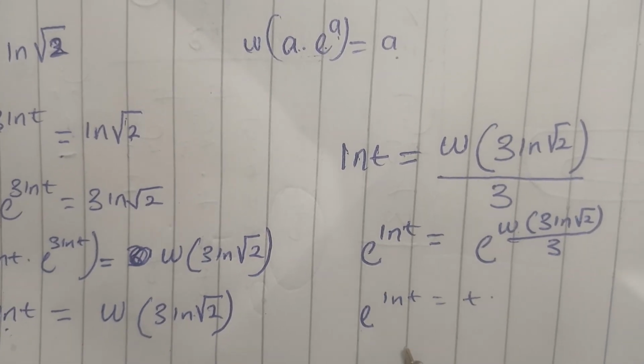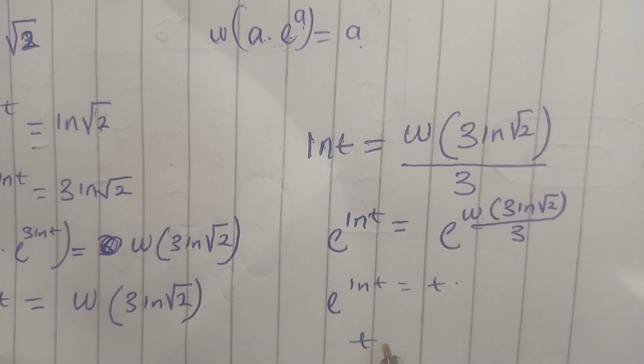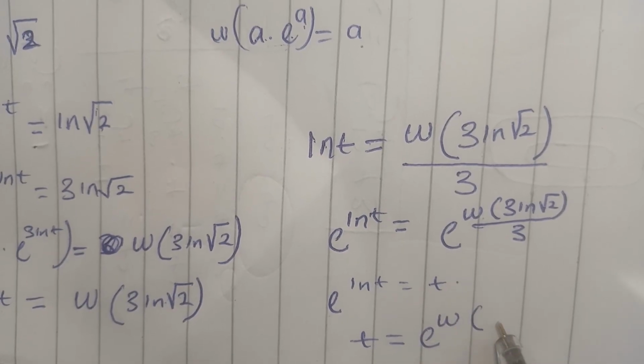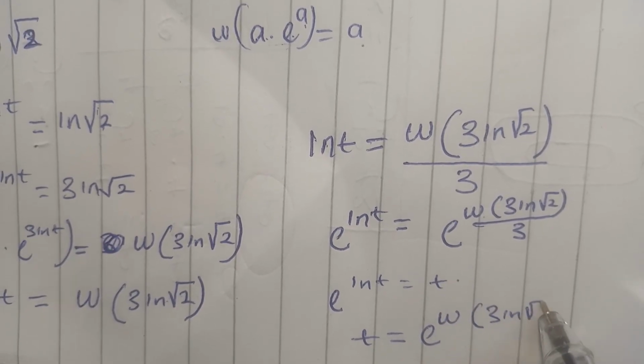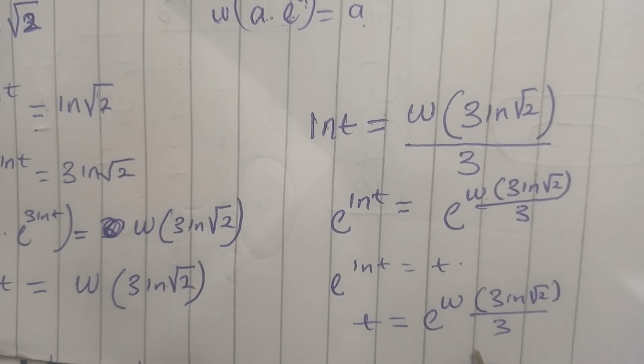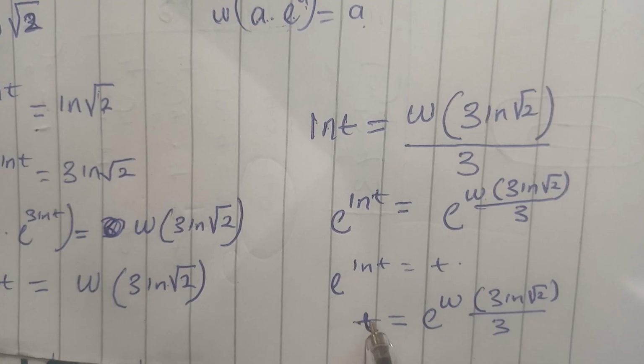So therefore we can say our t is equals to exponent of Lambda doublet function into 3 ln root 2, over 3. So this is the value of t.